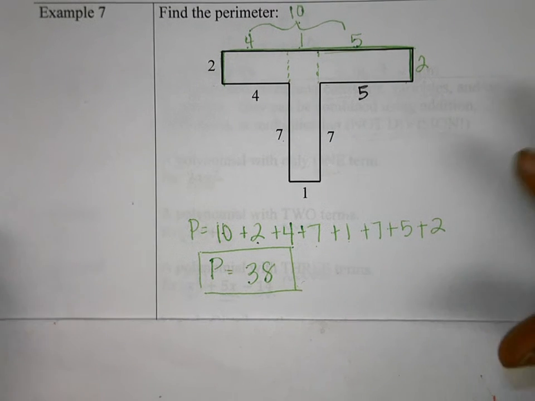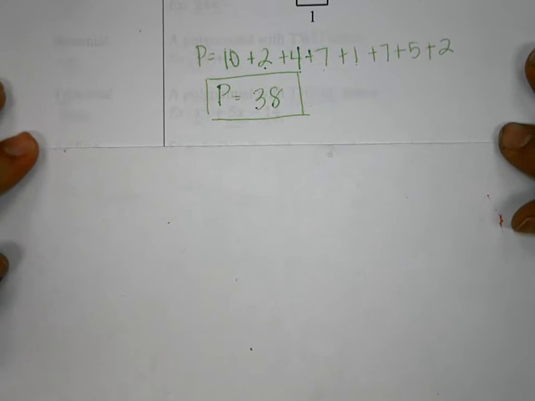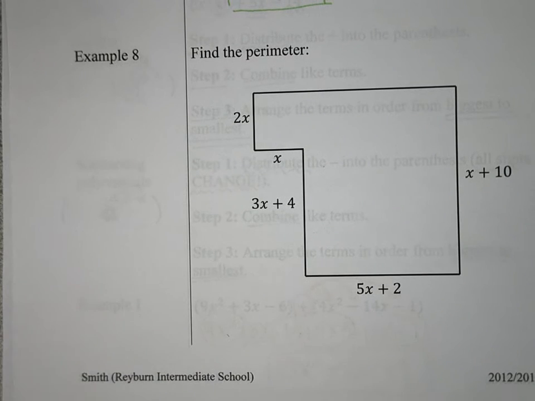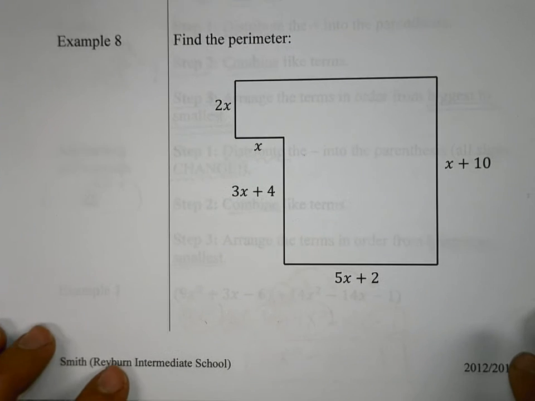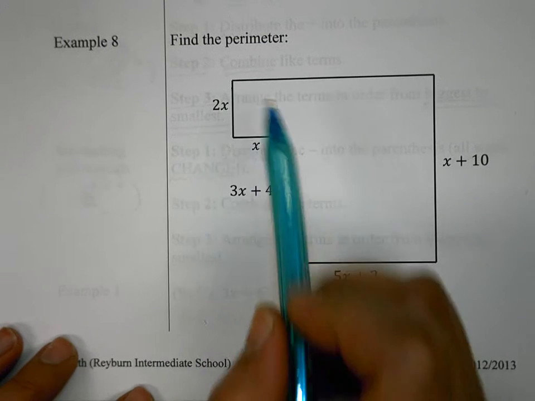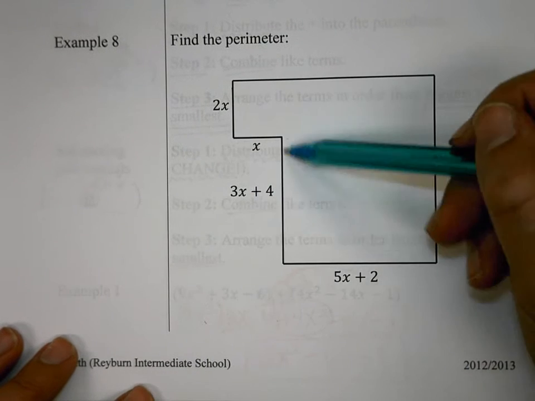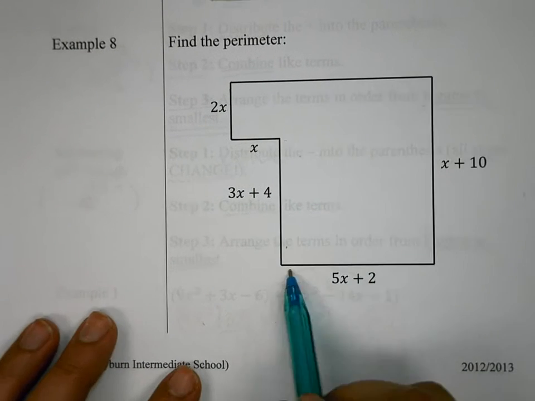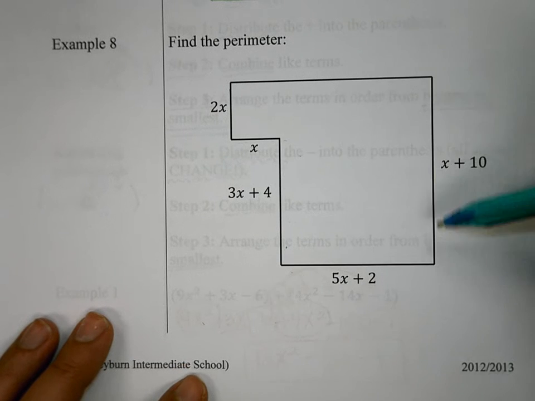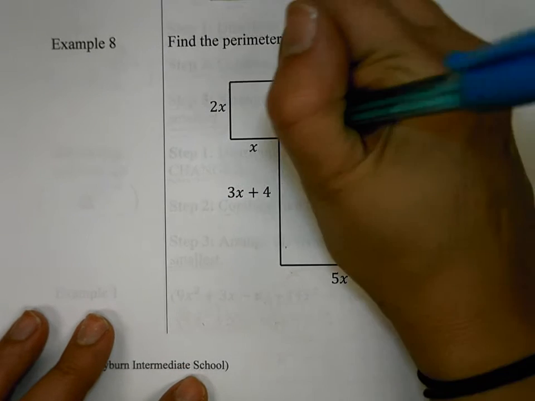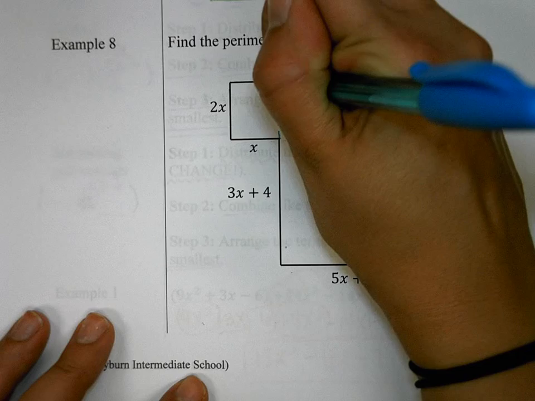Now we can apply this same concept to a shape where the sides have variables in them. So this side is 2x, we have x, 3x plus 4, 5x plus 2, and x plus 10. So I know I first need to fill in the missing side.